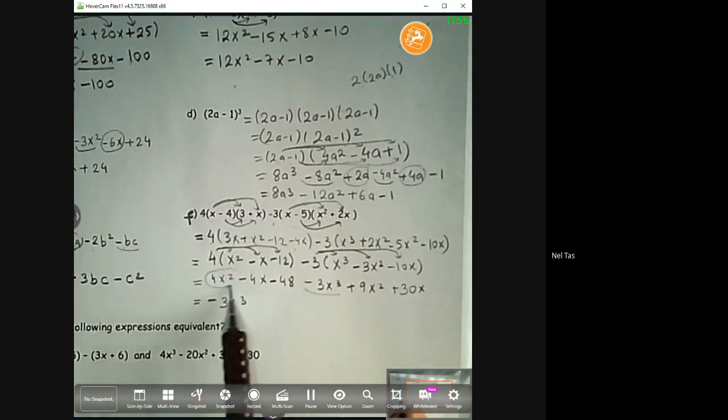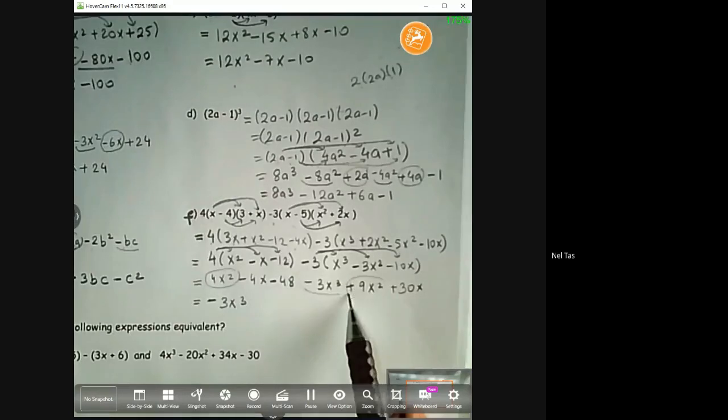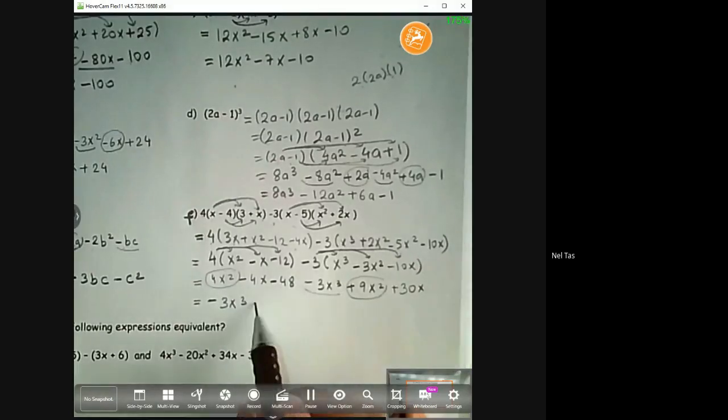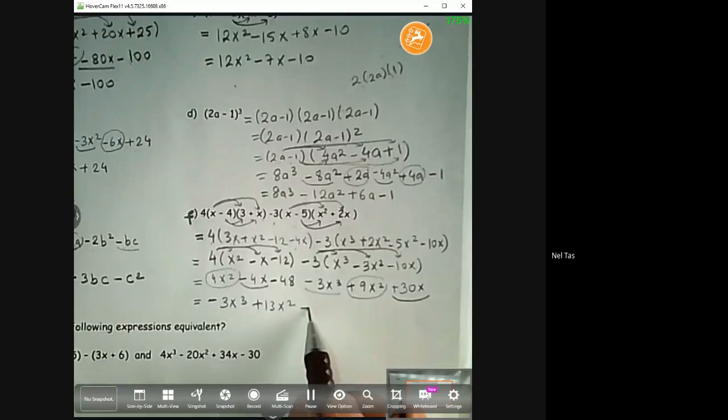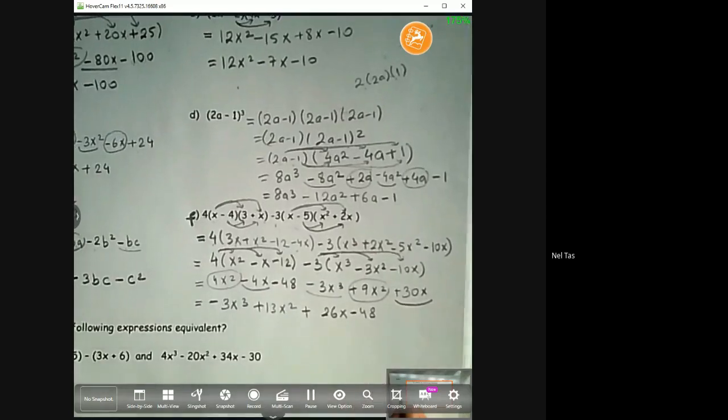I have 4x squared plus 9x squared, 13x squared. Negative 4x, positive 30x. So positive 26x. And finally, negative 48.